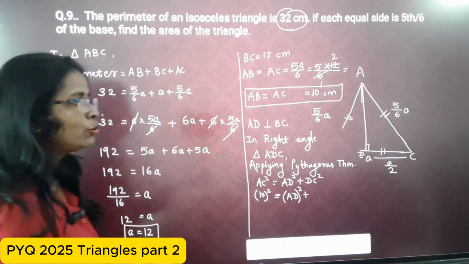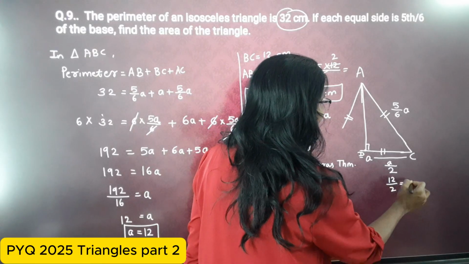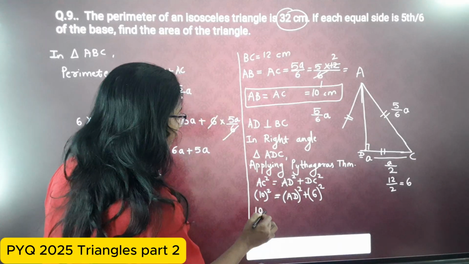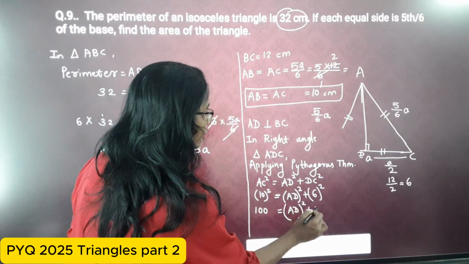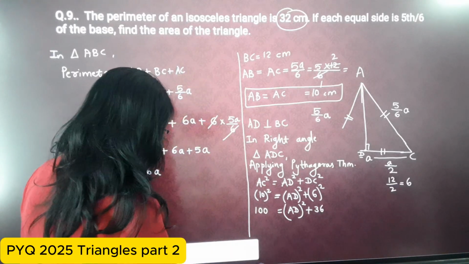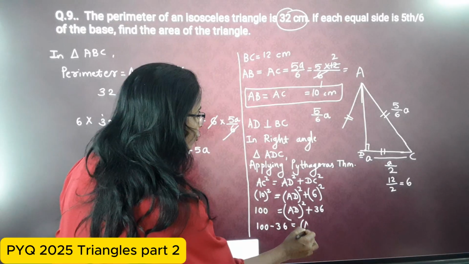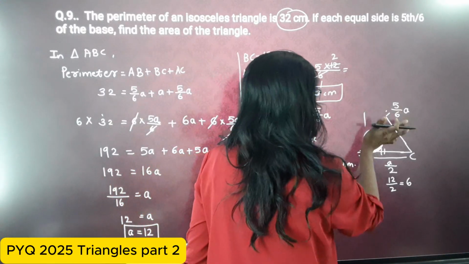Students, A is equal to 12, so 12 upon 2 is 6. So I write here square of 6. So now here 100 is equal to AD square plus 36. Then 100 minus 36 is equal to AD square.